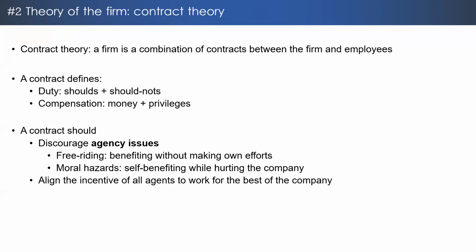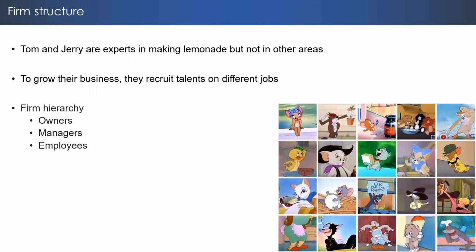These are all things that a firm can specify in a contract with an employee, so that the employee will work hard for the company's best. This is basically how we understand the theory of a firm in terms of contracting theory.